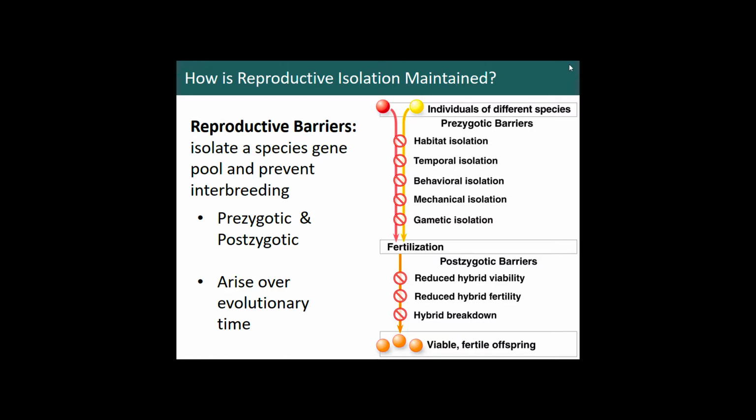Okay? So prezygotic barriers are going to prevent individuals of different species from ever fertilizing an egg with a sperm. Postzygotic barriers are going to prevent fertilized zygotes from becoming viable fertile offspring. Okay? So we're going to go through and look at a number of different examples. These reproductive barriers arise over evolutionary time.